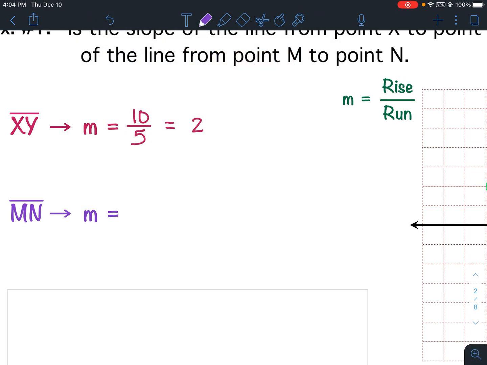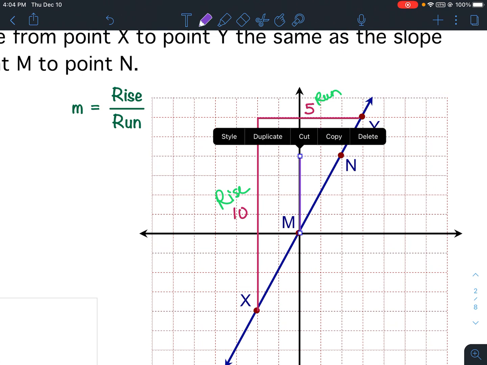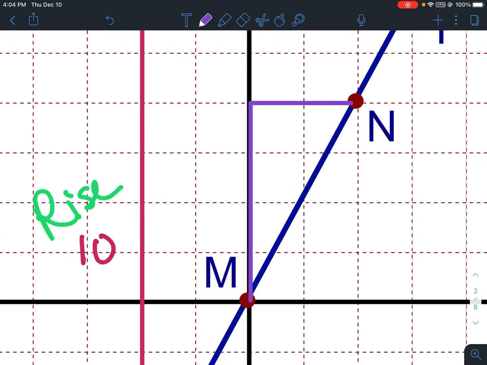Okay, for MN. So this would be my rise. And this would be my run. So my rise is 1, 2, 3, 4. And my run is 1, 2.